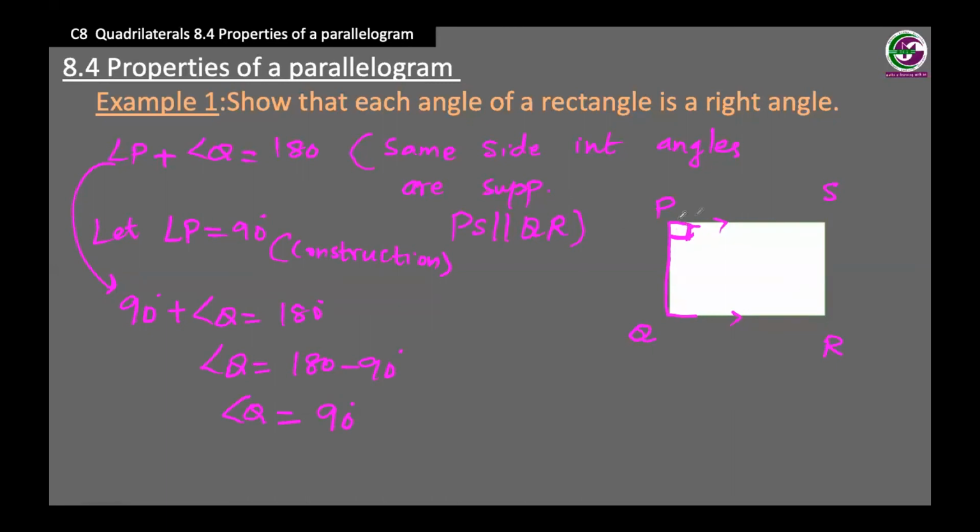Now we also know that PQ is parallel to SR. So let us take this side now.